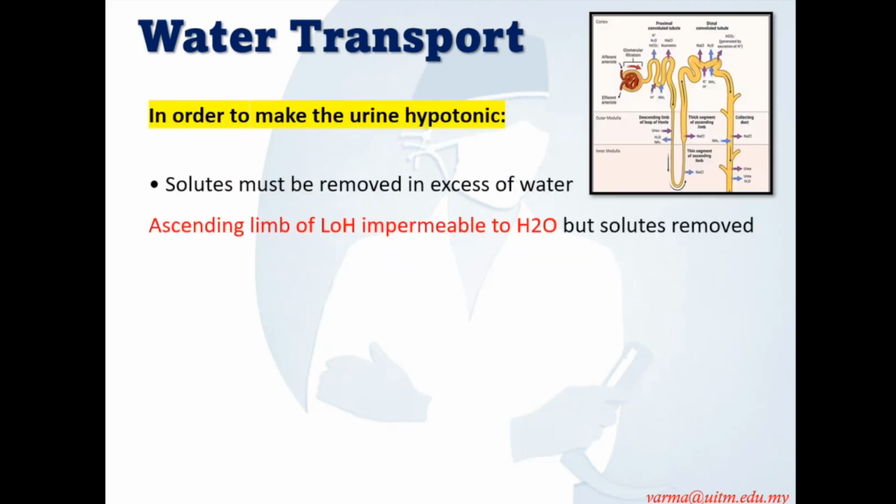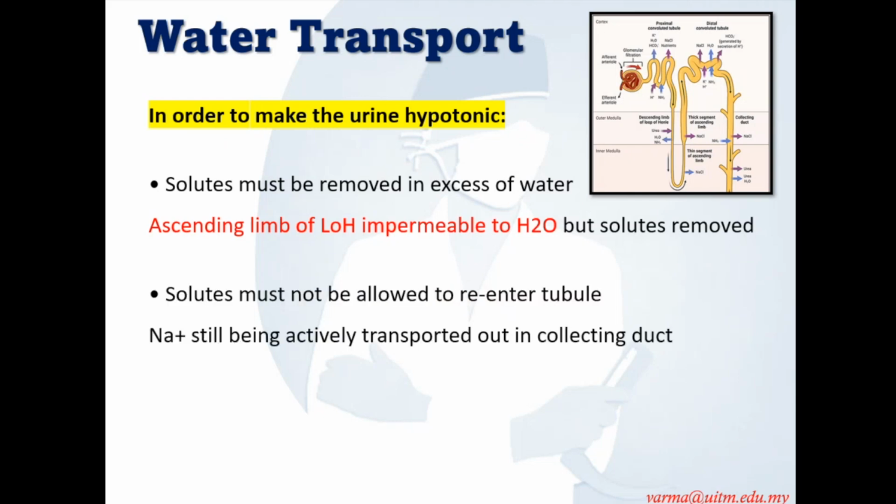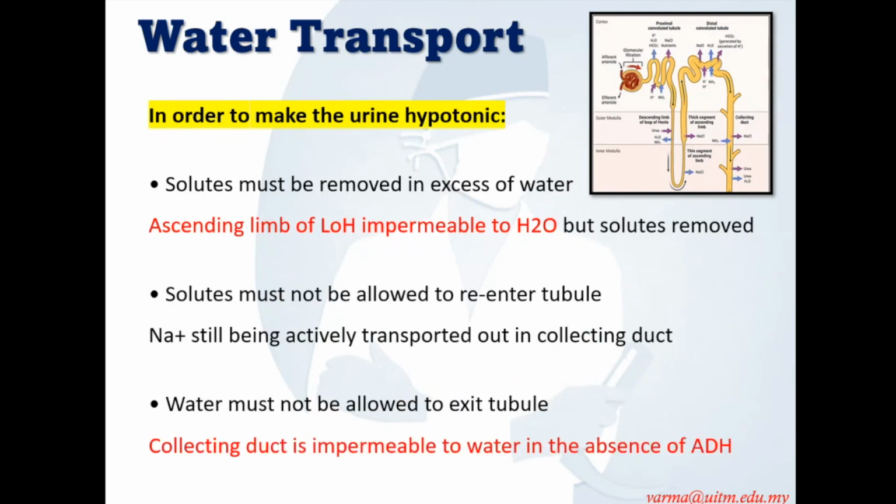Okay, in order to make the urine hypotonic, sorry, in order to make the urine hypertonic, if you want to make a concentrated urine, okay. Sorry, let me recap my mistake.